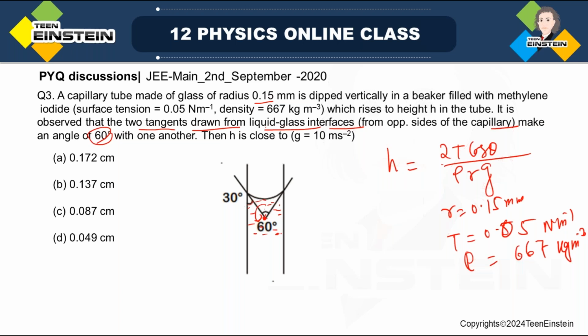Okay, so now if this is 60 degree, it can be shown that this is becoming 30 degree. So the angle of contact here is not 60. This point has to be remembered.